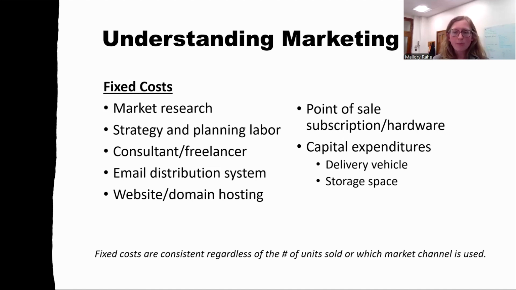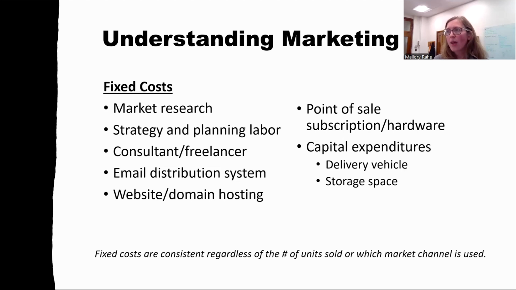The time we spend crafting our key messages and designing labels for our product is a fixed cost. If we hire a consultant or a freelancer to take videos, photography, or work on a website for us, there are the website costs and the domain hosting. If we buy into an email distribution system, there may be additional charges as our users go up, but that's an initial expense.